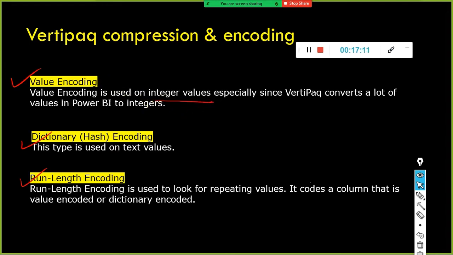If your column has integer values, then the value encoding technique is used to compress the data. In the case of text values, hash encoding is used, and in some cases RLE, the run length encoding compression technique, is used. We will take a look at each and every compression technique.